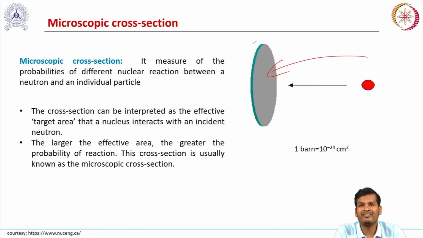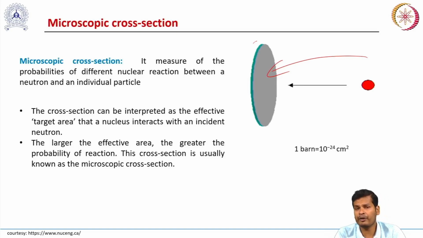The same concept can be applied to nuclear interaction. How much target area a nucleus presents to an incident neutron defines the probability of collision. This way, the cross section is defined and calculated to give you an idea about the probability that a neutron will collide with our nucleus.